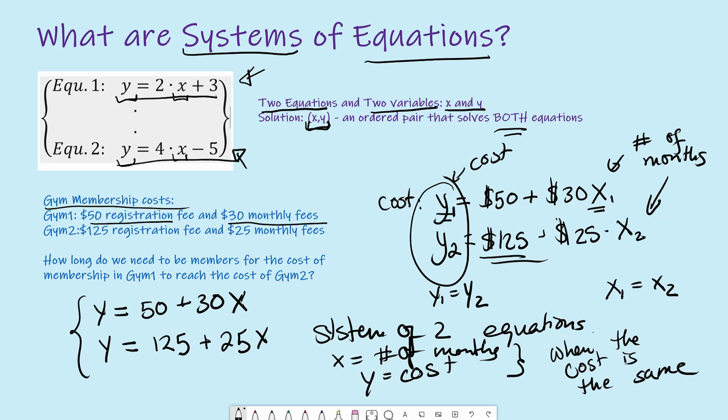Okay, so this was just to define what a system of equations is, and we will actually solve this in several different ways and a few other examples in the next few videos.